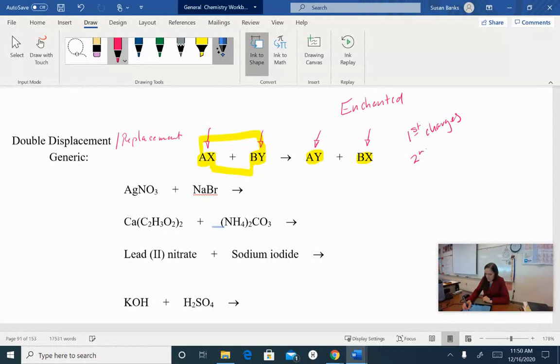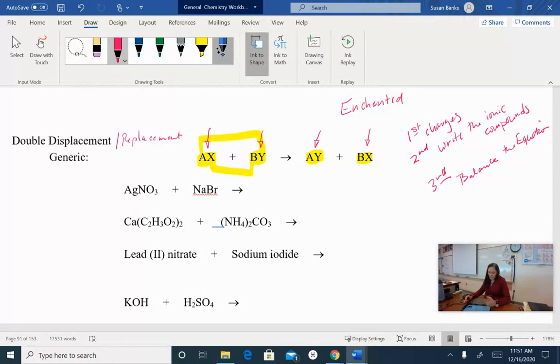The second thing is always to write the ionic compounds. Remember, the sum of all charges has to equal 0. And then the third thing is to balance the equation. Okay, so that's always the step. So let's put in charges first.